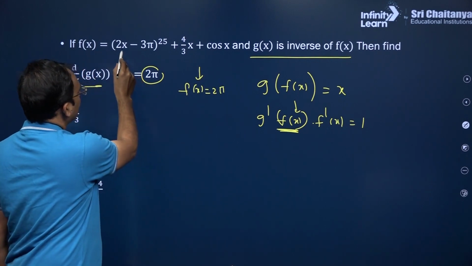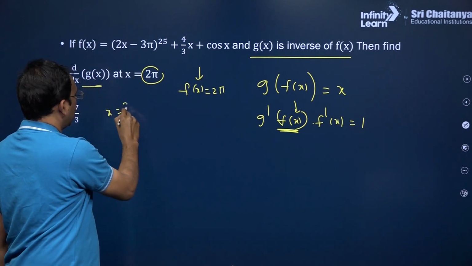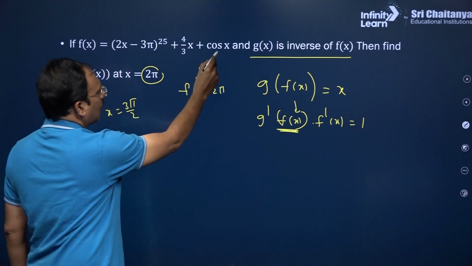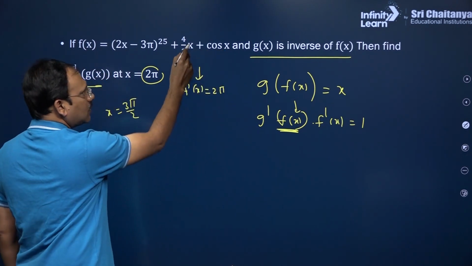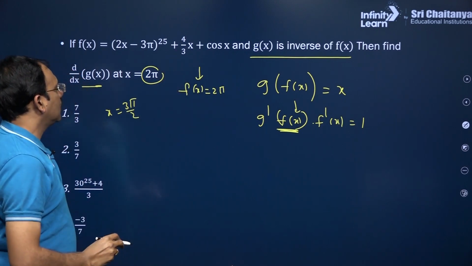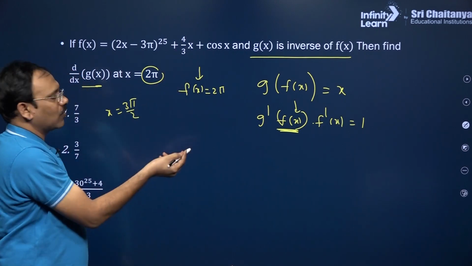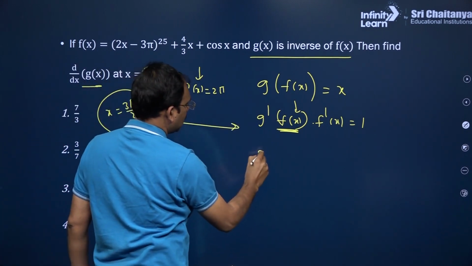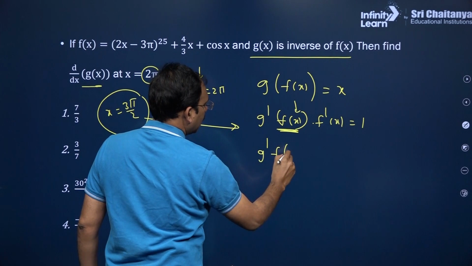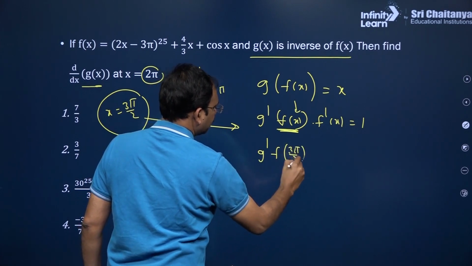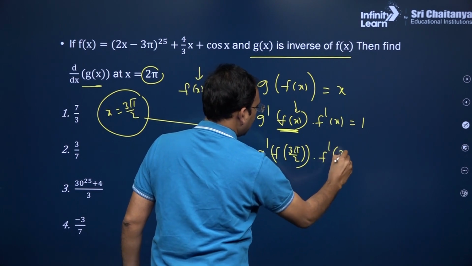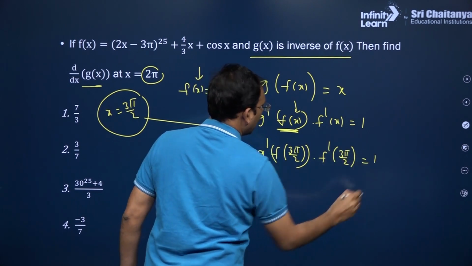Array, you just check, if you put x is 3 pi by 2, you see this becomes 0, cos 3 pi by 2 becomes 0, 3 pi by 2 if you substitute, 3 gets cancelled, 2 pi you are going to get. Yes, so put x is equal to 3 pi by 2 in this expansion, g dash of f of 3 pi by 2 into f dash of 3 pi by 2 is equal to 1.